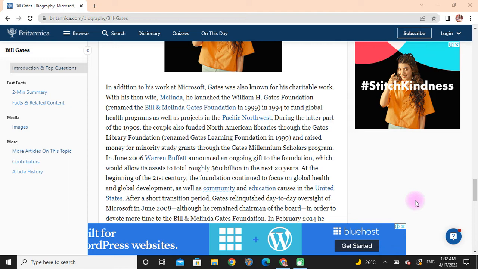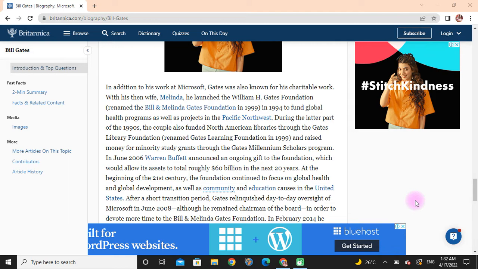During the later part of the 1990s, the couple also funded North American libraries through the Gates Library Foundation, renamed the Gates Learning Foundation in 1999, and raised money for minority study grants through the Gates Scholars Program.